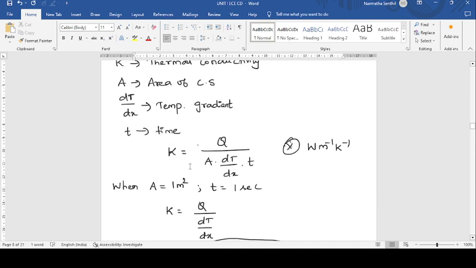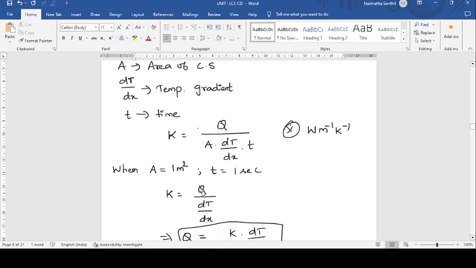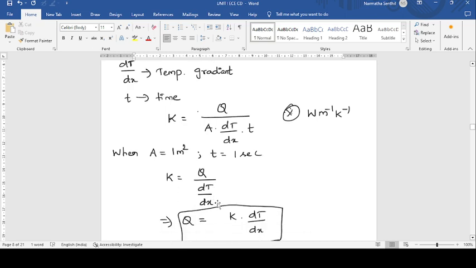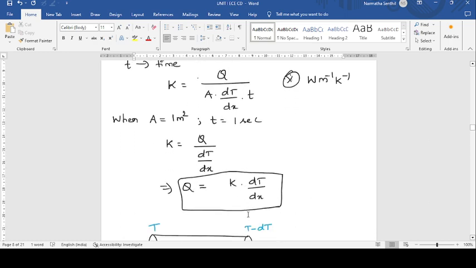Rearranging the equation, we get K is equal to Q divided by A dT by dx into t. Here we take the area as 1 meter square and t as 1 second. When you substitute this, you get K is equal to Q by dT by dx, the amount of heat conducted per unit temperature gradient. So Q is equal to K dT by dx.